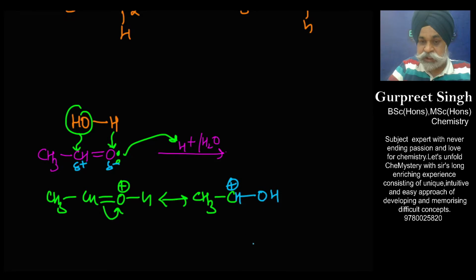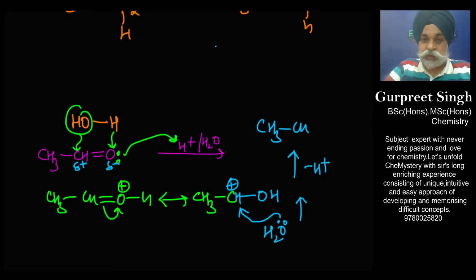Once it has a clear cut positive charge, water's lone pair again attacks it, and finally, I am writing it while deleting one step, first the water goes onto the carbocation, then there is loss of H positive, and finally you end up with what exactly has happened. On one side you would end up getting this H, and on the other side it becomes OH.